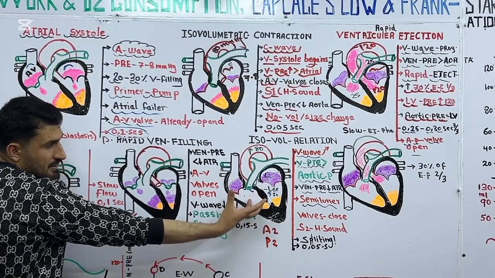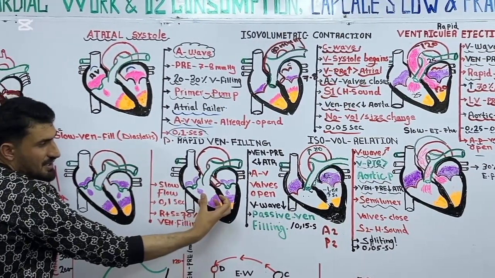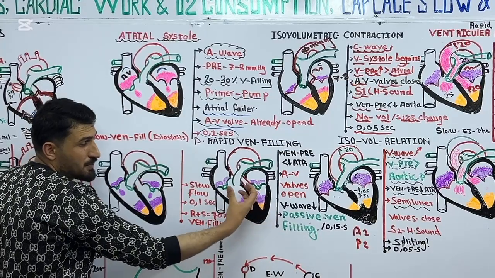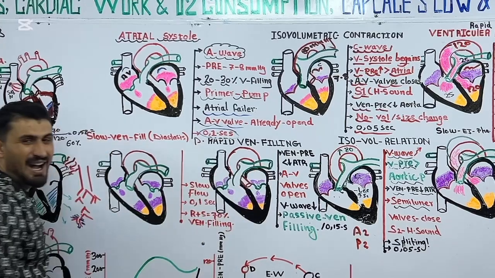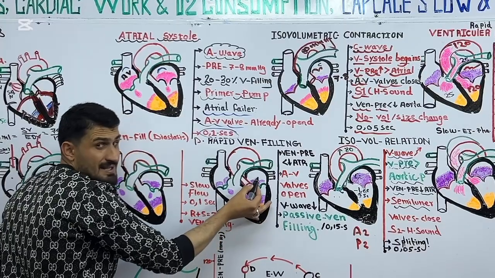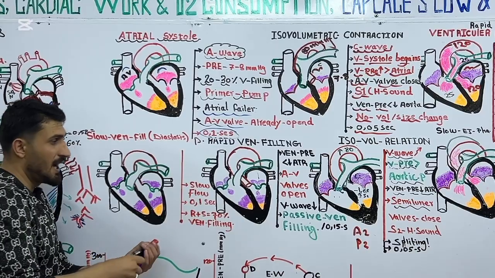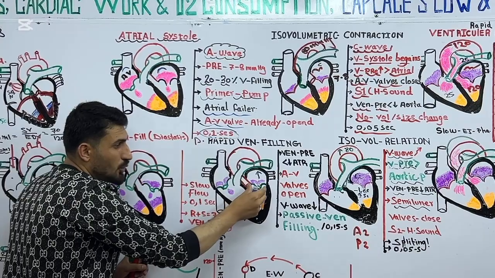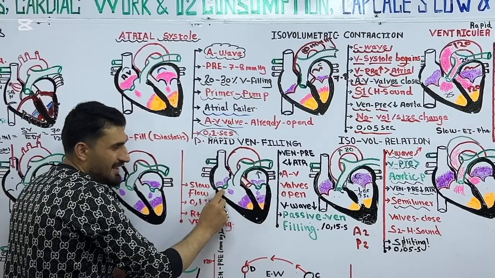Diastole continues. A time will be reached as the heart is relaxing when the pressure in these two ventricles drops below the pressure in the atria. Because the atrial pressure is now higher than the ventricular pressure, this causes opening of the AV valves: the mitral valve on the left side and the tricuspid valve on the right side.